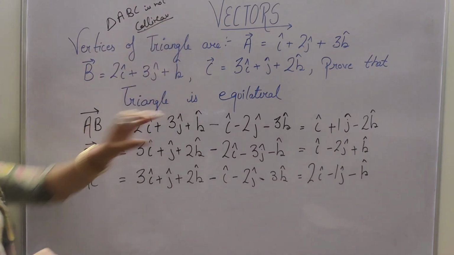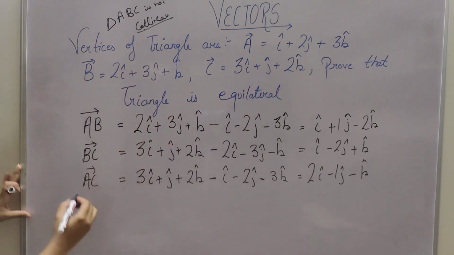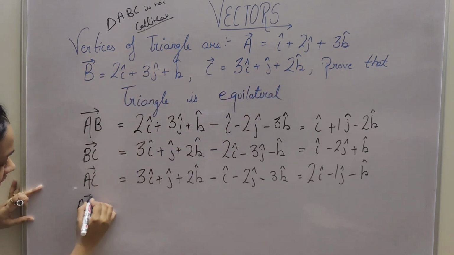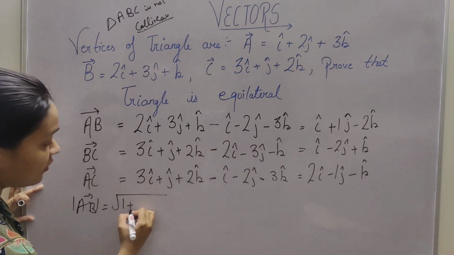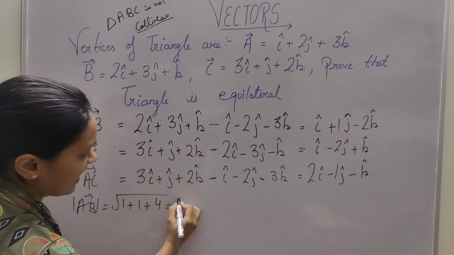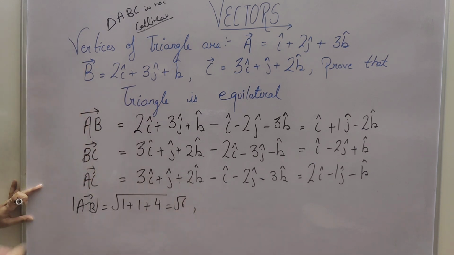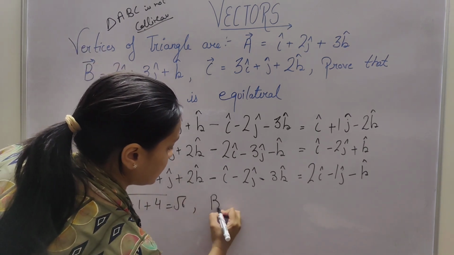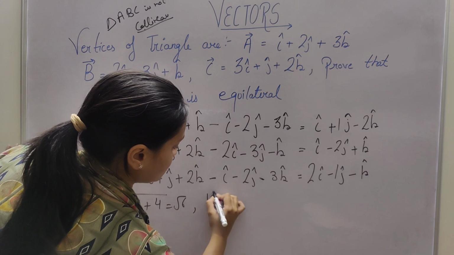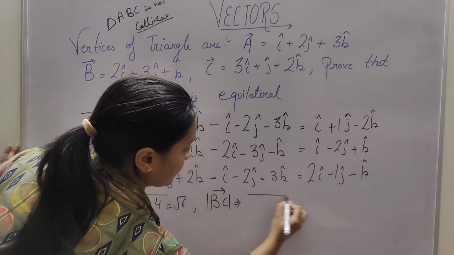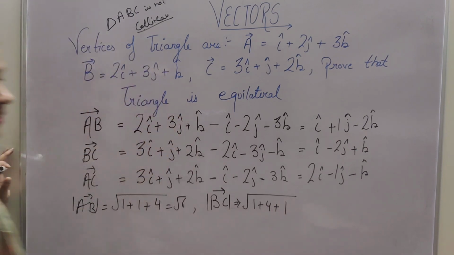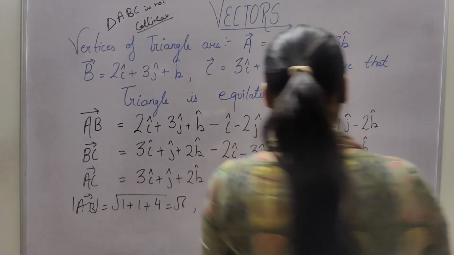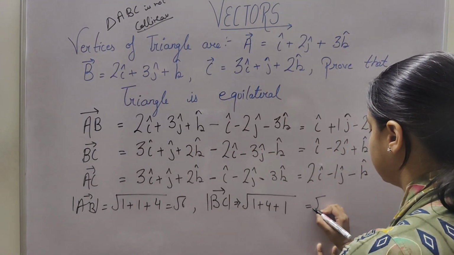Now we are going to prove whether it is equilateral or not. The magnitude of AB is root of 1, 1, 4. The value comes root 6. Now calculate it on BC: 1, 4 and 1. Again the value comes root 6.